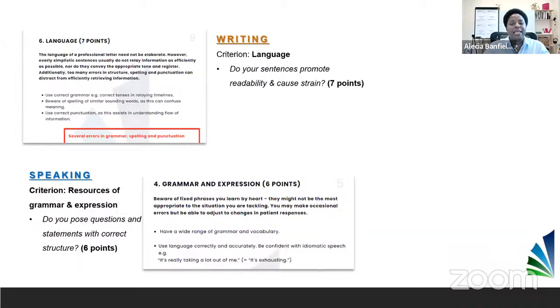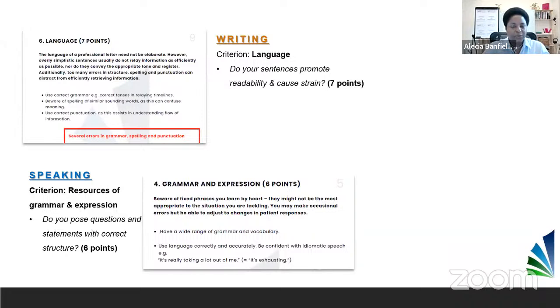And grammar in English is not only about structure, it also gives the listeners information about opinion, about attitude, about timeline.